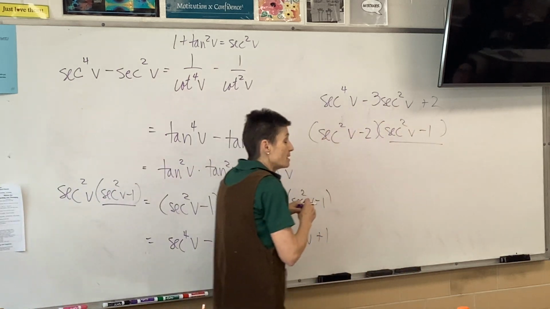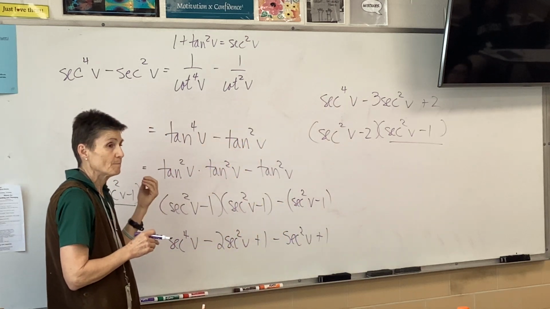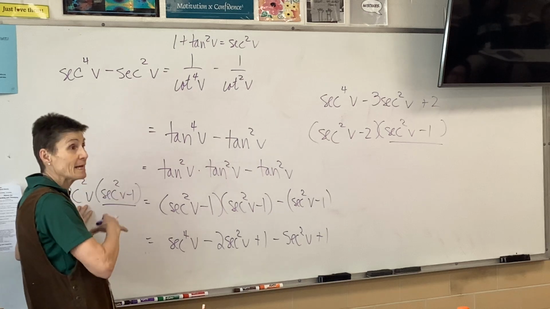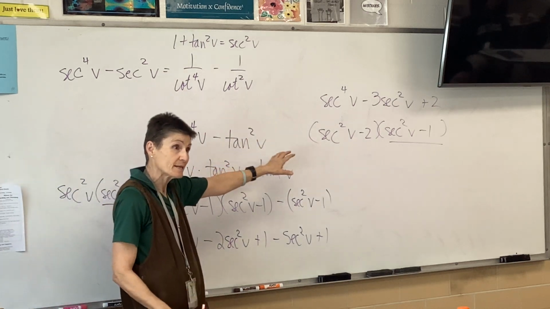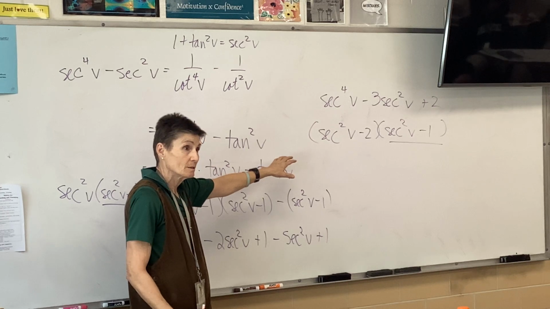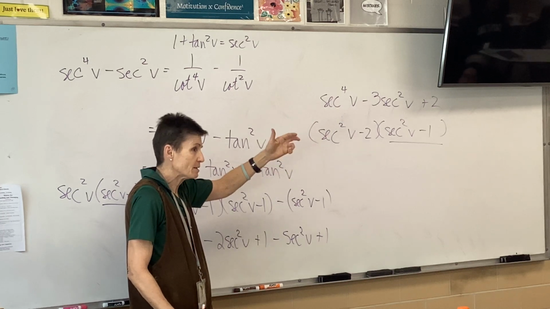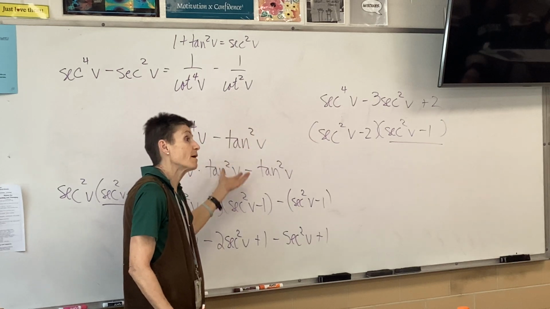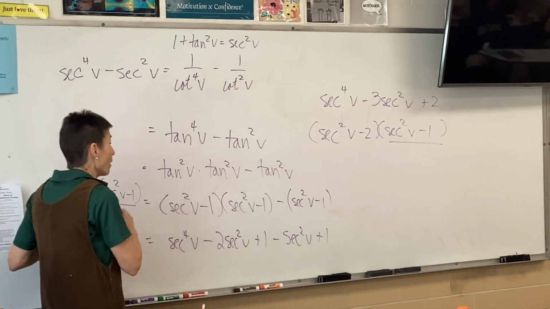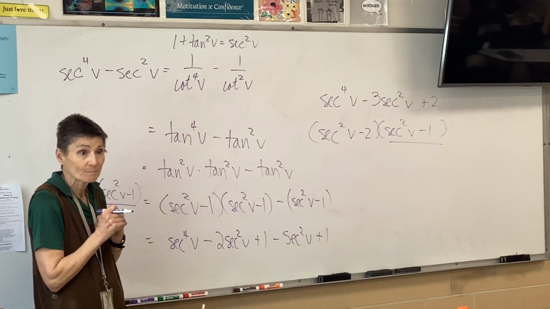That part's good. But the only way this would be true is if plain secant squared is the same as secant squared minus 2. Can that be? Can x squared equal x squared minus 2? No. So this is another example because the parts simply can't be made to match up.